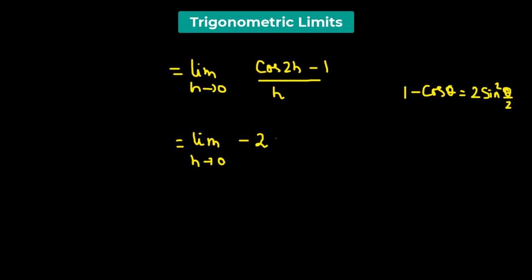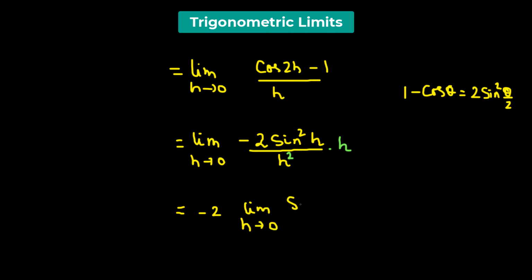So we have negative 2 times sine squared of, so 2h over 2 is going to give us h, divided by h. Now we're going to multiply the numerator by another h, so that will make it h squared. That means we have to multiply the entire function by h. This will become evident in a moment. This has been done so that we can apply the definition of limit.